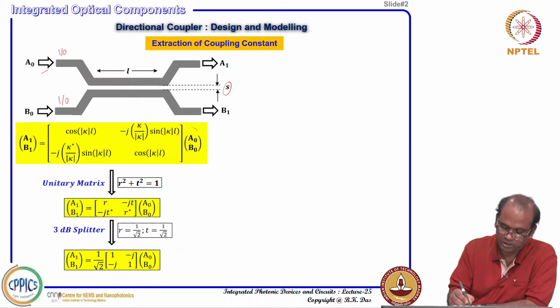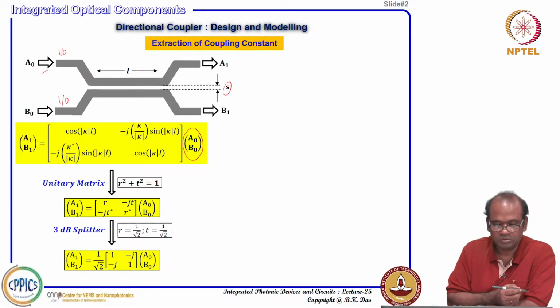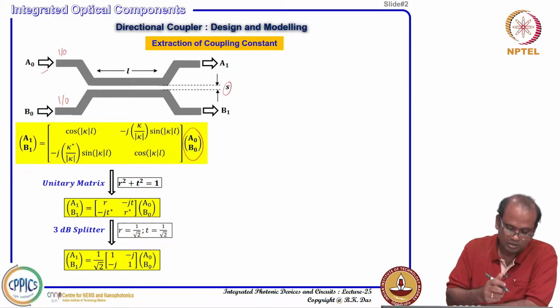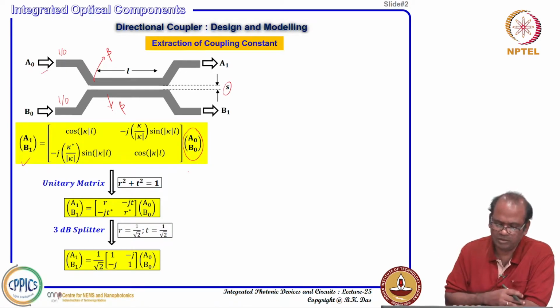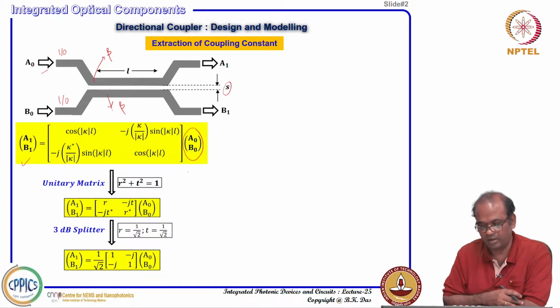If we launch with mode amplitudes A0 and B0 as the inputs, then in the output A1, B1 we can find out in the case of an identical waveguide structure. Both these waveguides are identical, with the same propagation constant beta, waveguide width, dimension, everything identical.